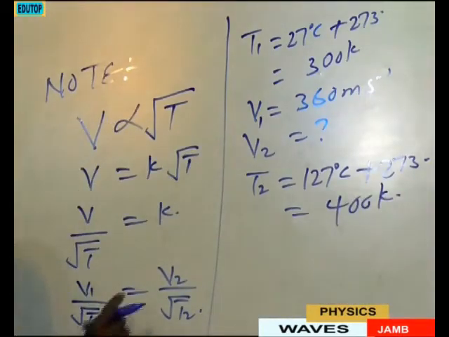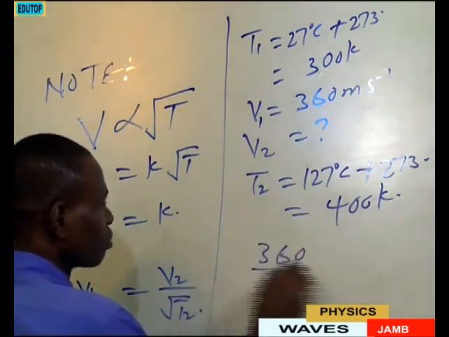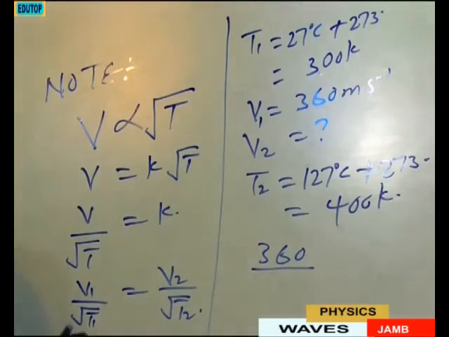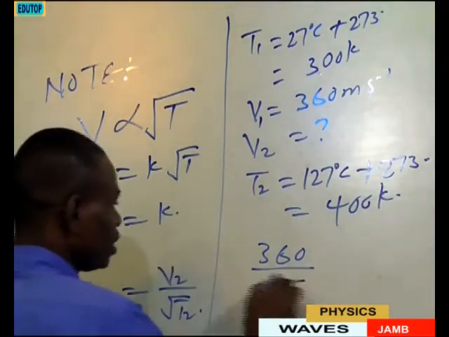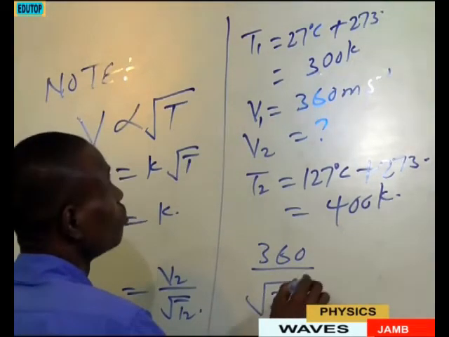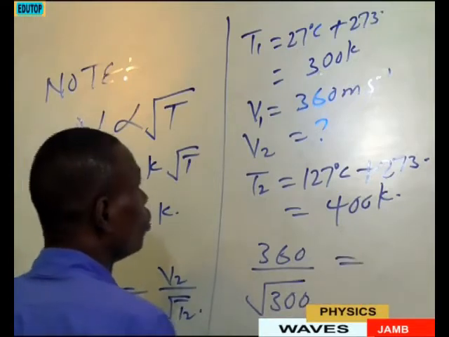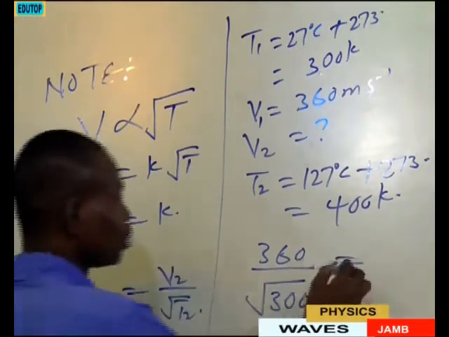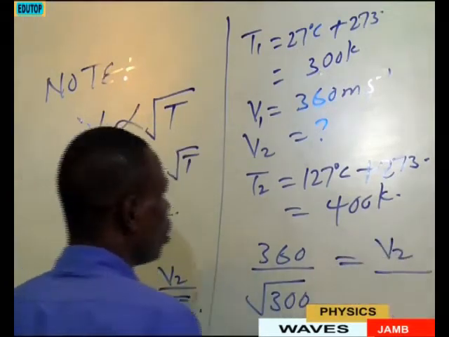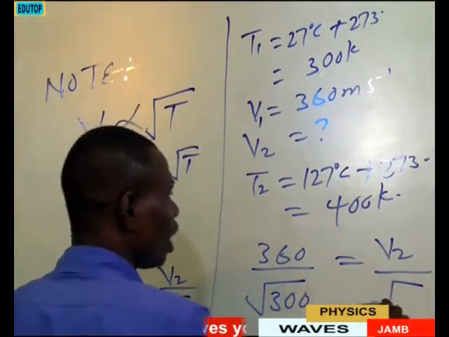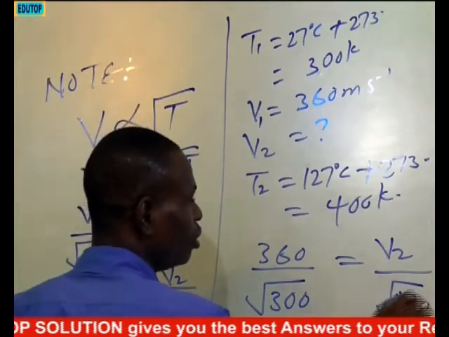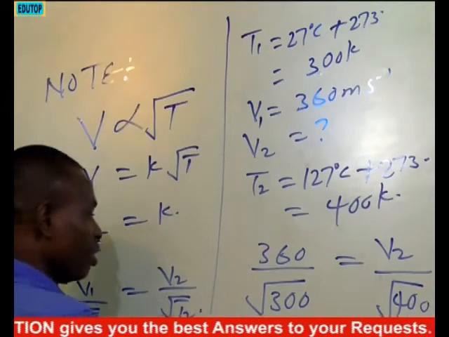Then we are going to make use of this equation. What is our V1? That's 360. What is our T1? That's 300, square root of 300, which is equal to V2, that's what we are looking for. What is our T2? Square root of 400. Cross multiply.